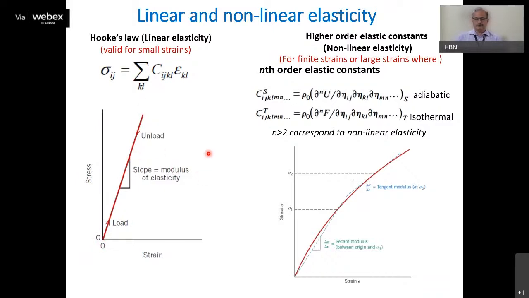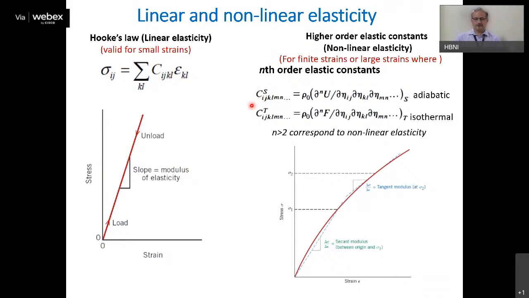Whereas if you apply large strains, or finite strains, then this linear elasticity is no longer valid. Some nonlinear terms appear because the anharmonic components of the potentials start playing a role. In this case, you cannot just define a linear relationship between the stress tensor and strain tensor.